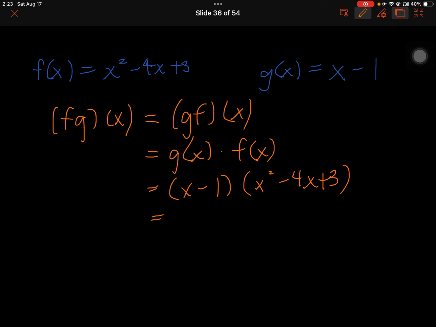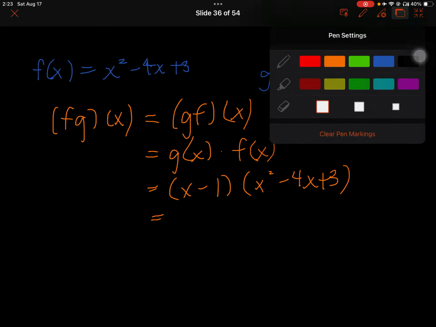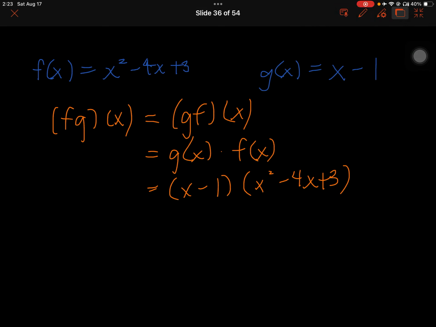So this one we're gonna use the FOIL method again. So x times x squared is x cubed. Okay.